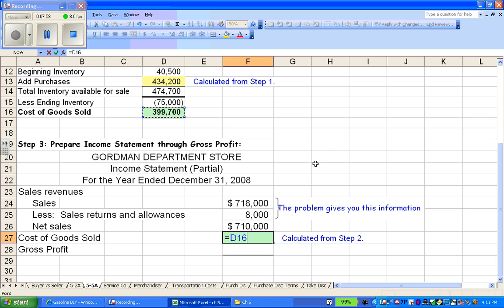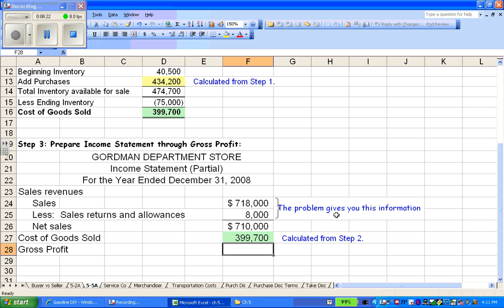Notice in my cell that I'm putting this formula in, it's referencing D16. That's exactly where my cost of goods sold number is. Column D and row 16, right? That's the cell range. So here I'm going to just hit the enter key and it'll return that amount. 399,700 was my cost of goods.